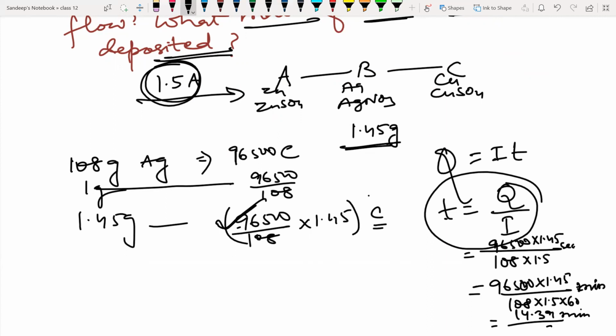That is approximately, you can say 14.4 minutes. So the time for which this current passed was 14.4 minutes.